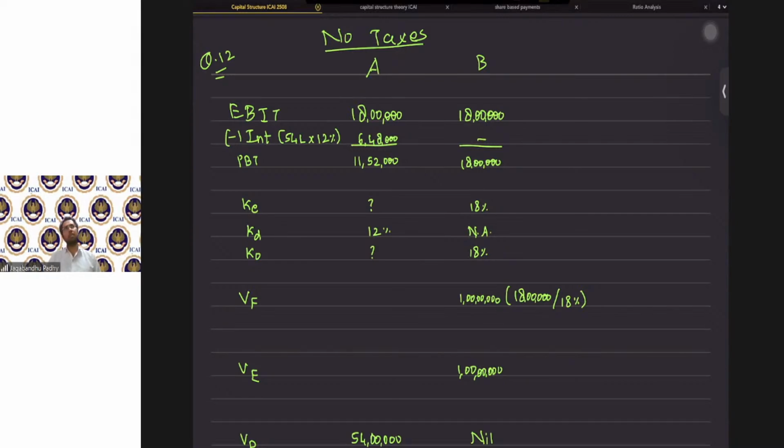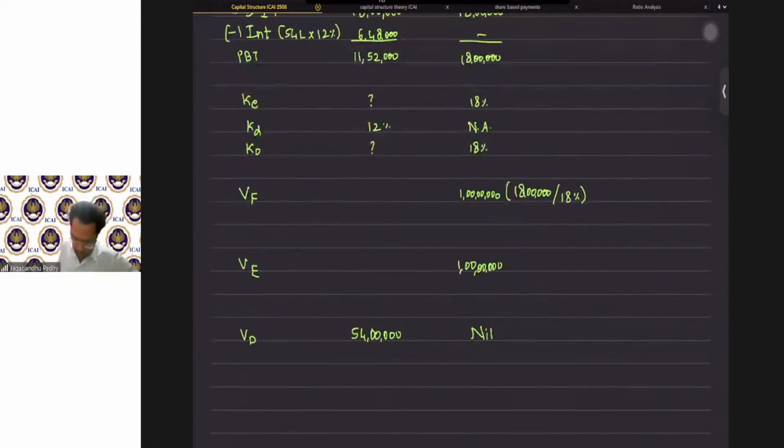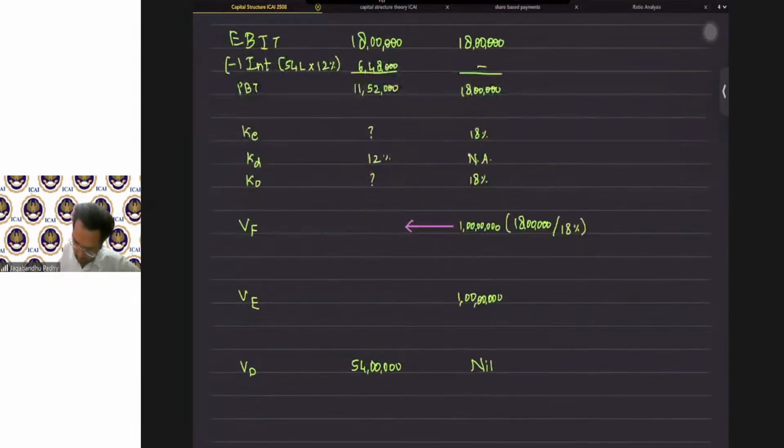Sir, approach without taxes is same as net operating income. There we said that the value of both the firms are going to be one and the same, and therefore we can say value of the firm will be same when no taxes are involved, right? Now, of course, value of equity is going to be a balancing figure as 46 lakh.